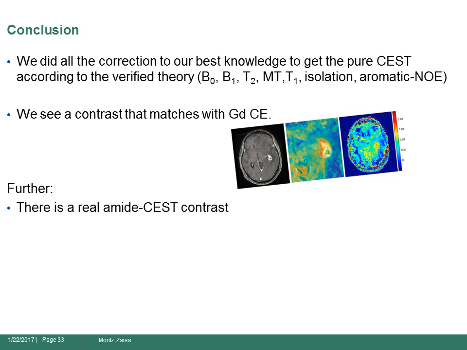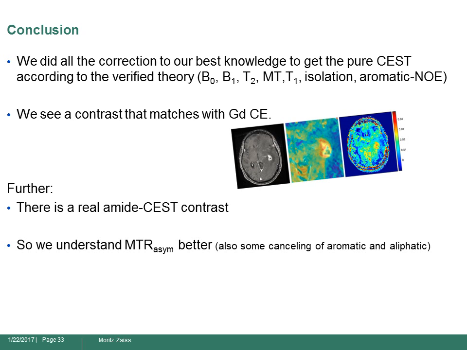Further, for us it was interesting because we think now that there's a real amide-CEST contrast. Before we were like, what's going on here? There are so many contributions. There's MT, T1, everything in this MTR symmetry. But here we see, okay, there's something left over that really shows an interesting contrast.